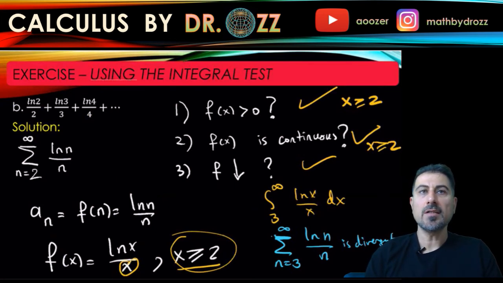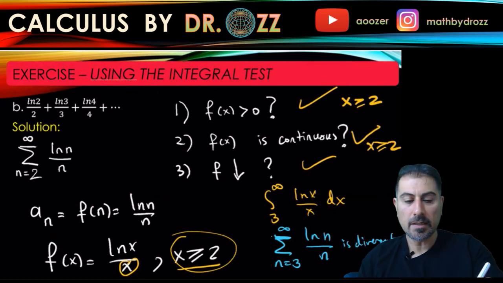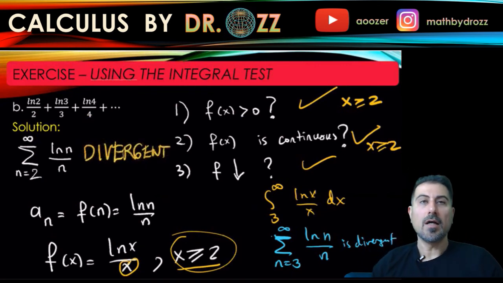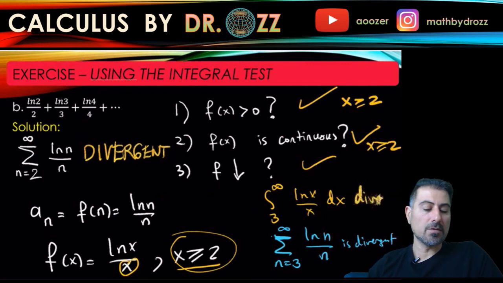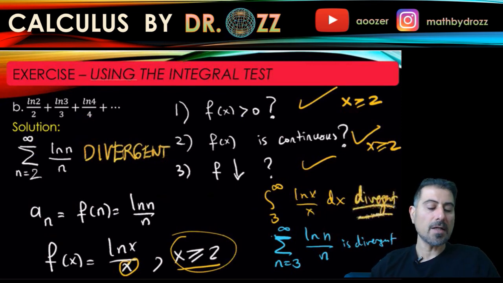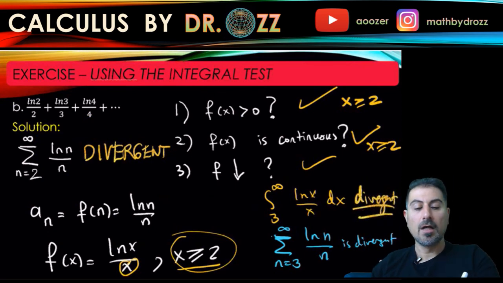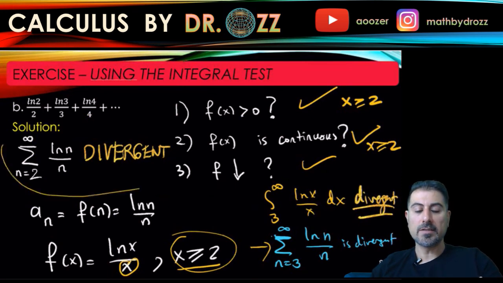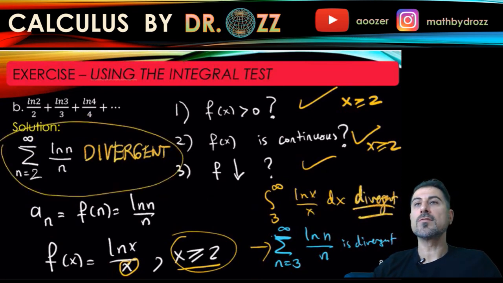That's not going to change anything. So I can go ahead and conclude that this series is divergent. This is us using the integral test, showing that this integral is divergent, which implies that this series is divergent. The series for n starting from 3 is divergent, and therefore this series has to be divergent. All right.